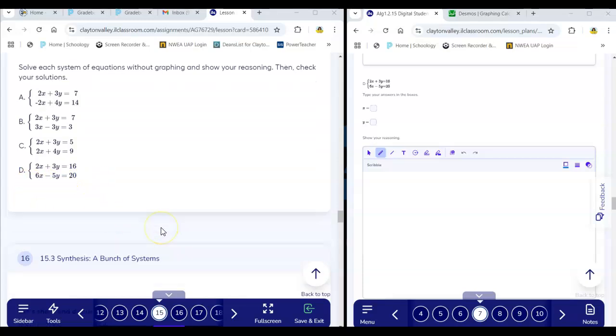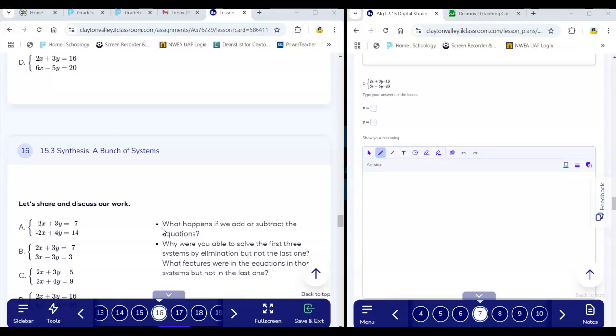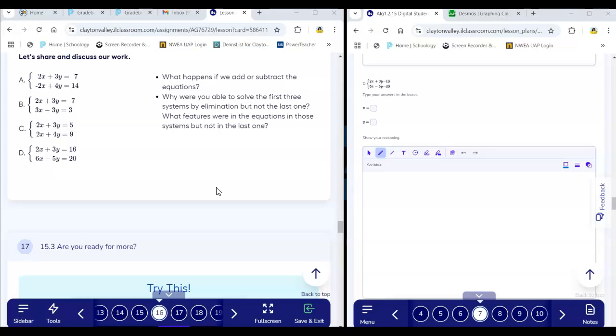So let's go ahead and wind up this lesson. Let's synthesize this lesson. What happens if we add or subtract these three? You can solve them, and all three of them had solutions. So why were we able to solve these three by elimination, but not this one? Hopefully you said, because these are easy.